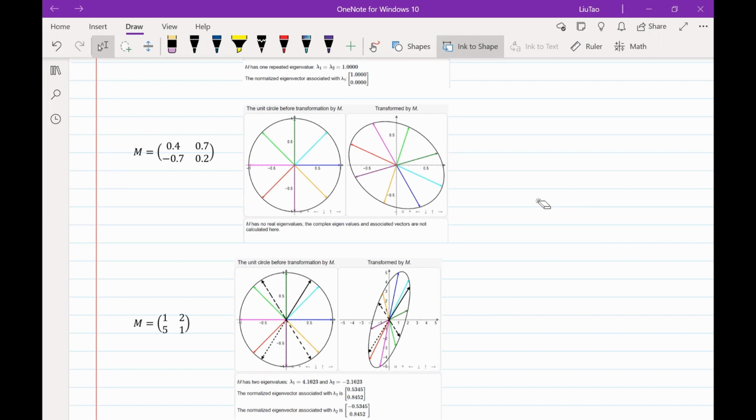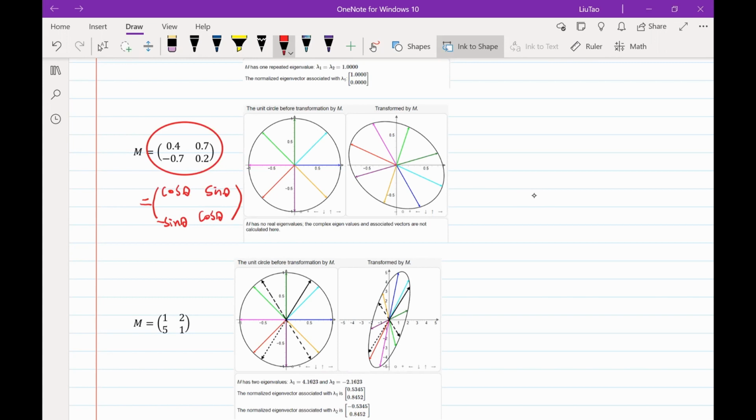If we take a look at this matrix, it involves sine theta and is similar to a rotation matrix.